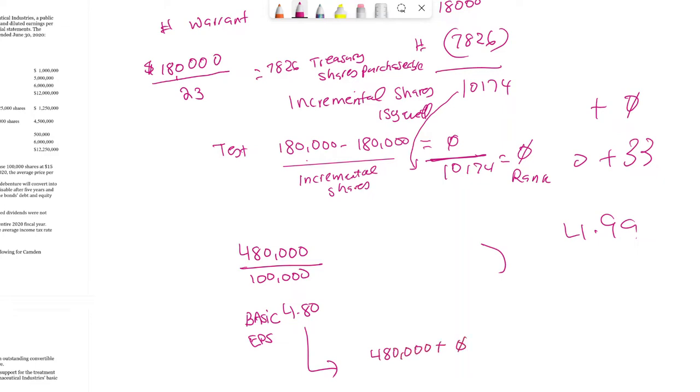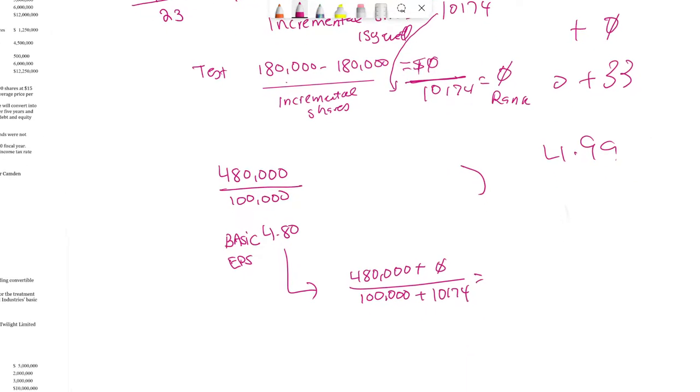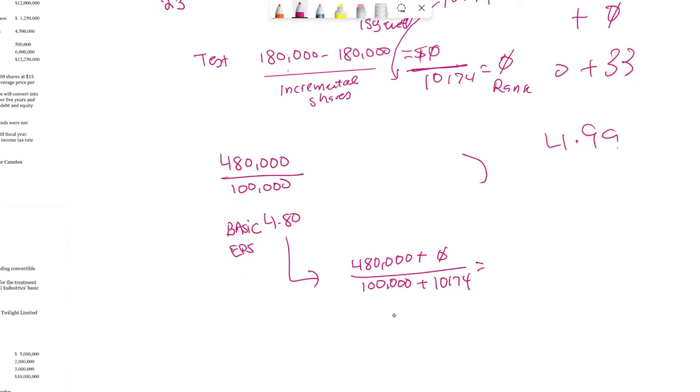At the top you add the 0, at the bottom you add your incremental shares that you issued, and you get earning per share. That will be your $4.36. So your earning per share went down, and this $4.36 is called a diluted earning per share.